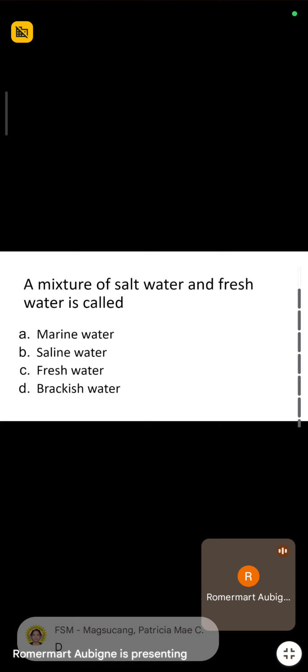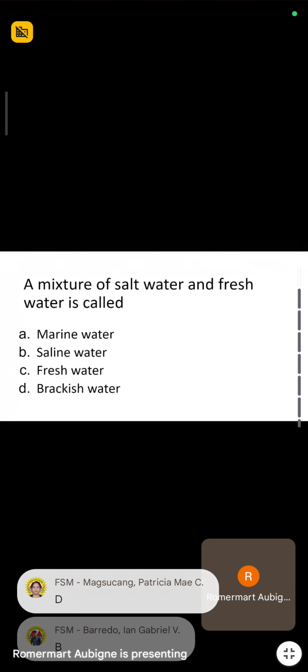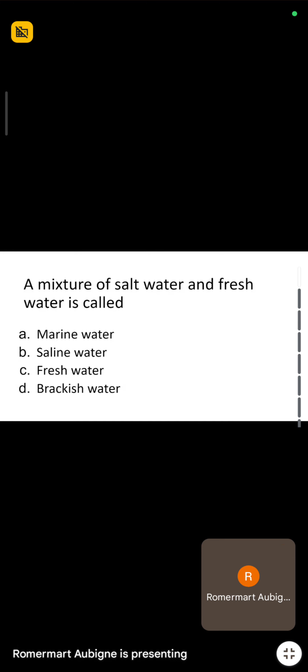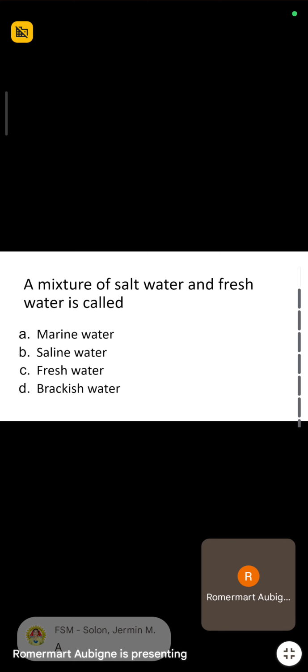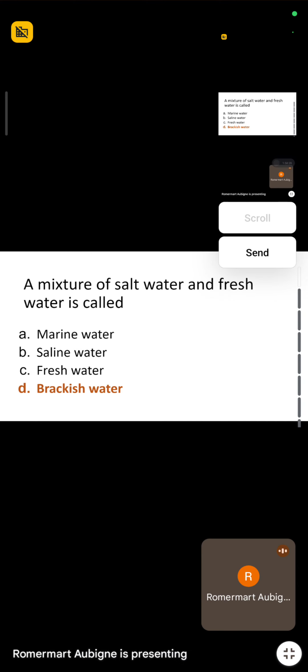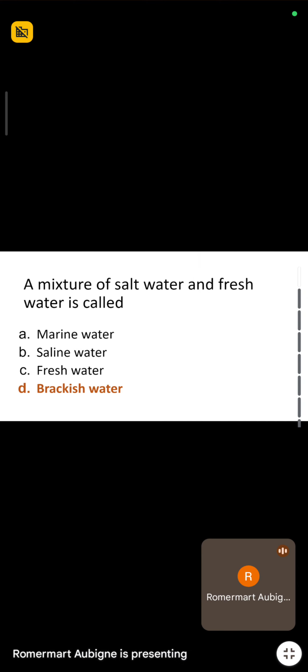Iba-iba ang sagot natin dito. Okay, the correct answer is letter D. Brackish water po ang tawag natin sa mixture of salt water and fresh water.